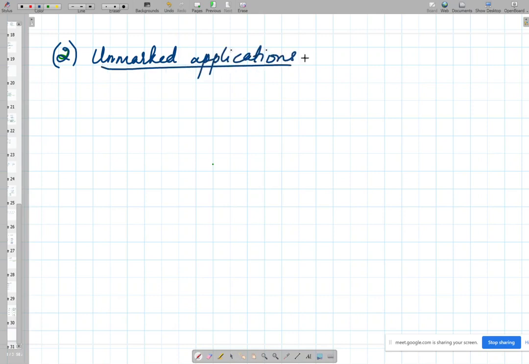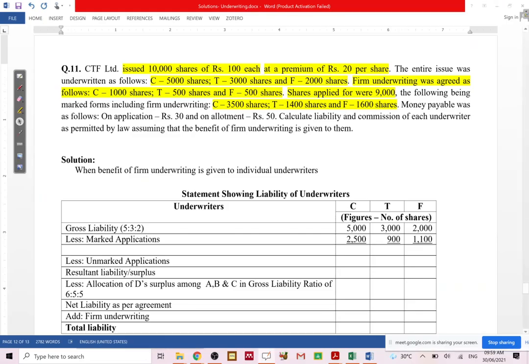Second working note, for unmarked applications: we need total applications excluding firm underwriting. Total applications were 9,000.